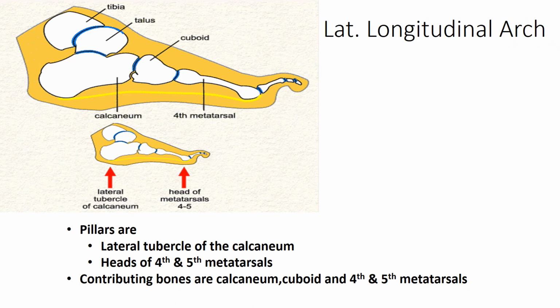So this shallower lateral longitudinal arch is formed by the lateral process of the calcaneus, cuboid, and fourth and fifth metatarsals. The pillars are at the lateral process of the calcaneal tubercle posteriorly and the heads of the fourth and fifth metatarsals anteriorly.